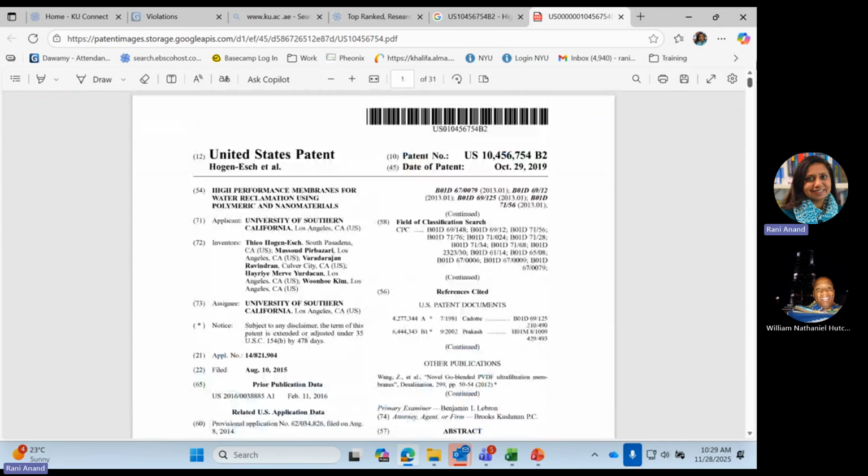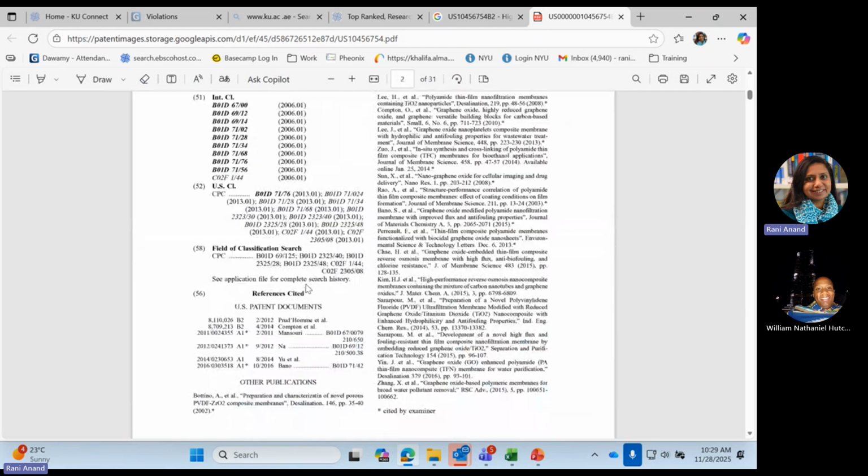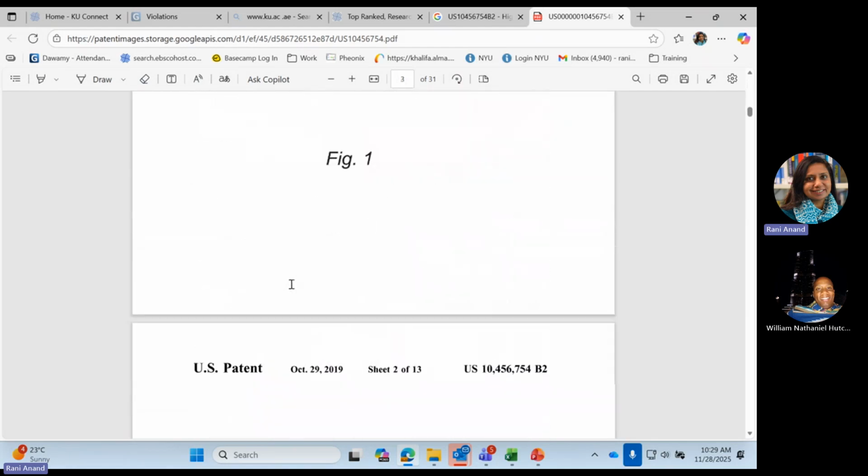The PDF shows the patent number, the date of release of the patent, and it comes with all the figures, diagrams, tabulations, research data, etc.